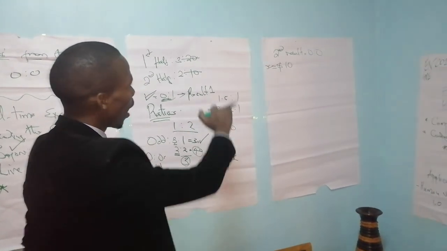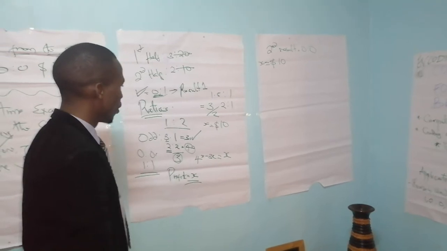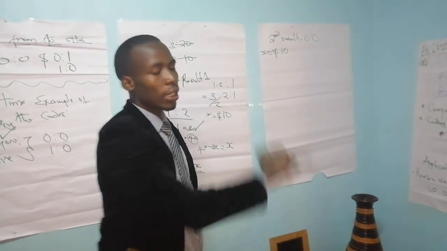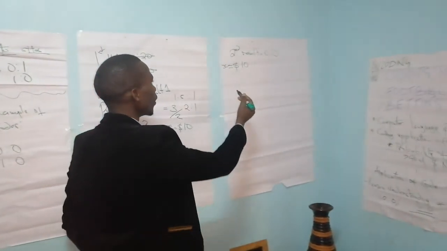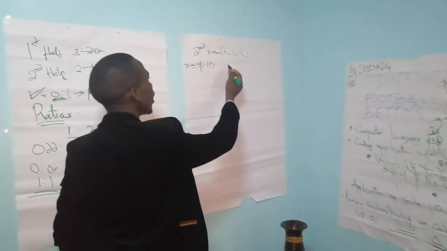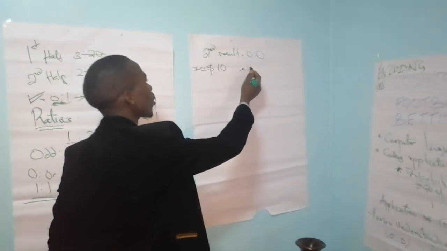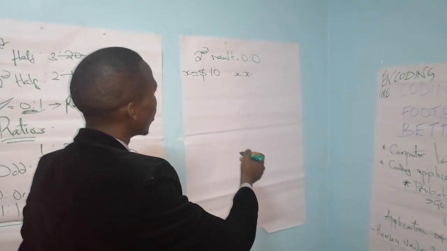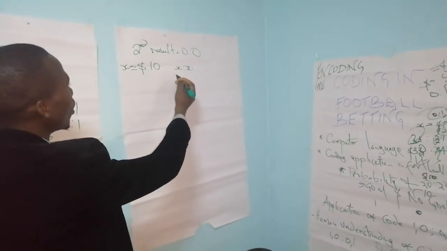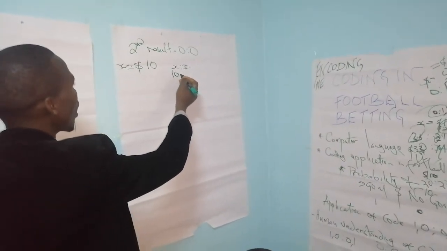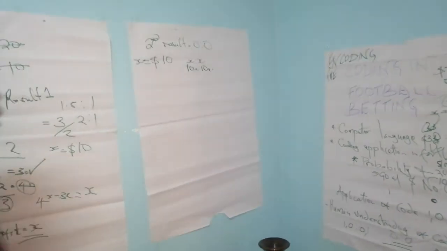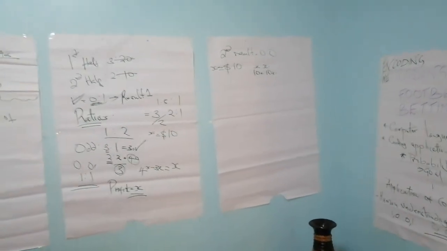Under the second result, remember, for you to get a 0-0 result, the equation will be x to x. What does it mean? That if you use $10 here, you'll also have to use the $10 this side.